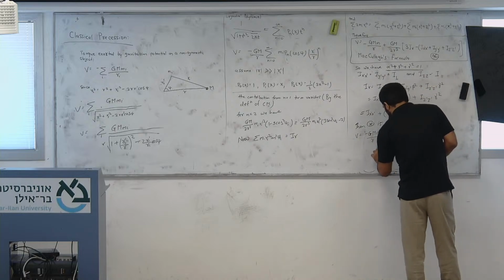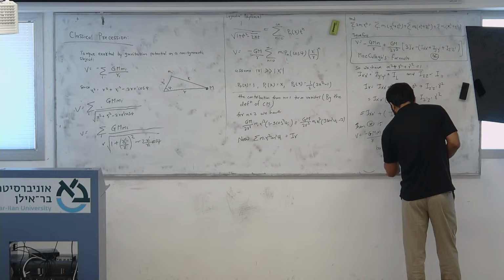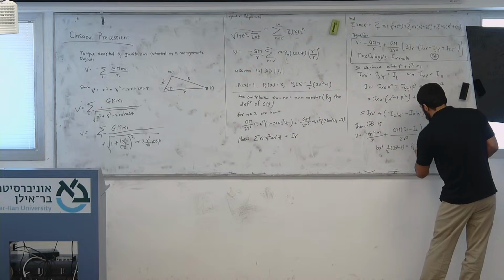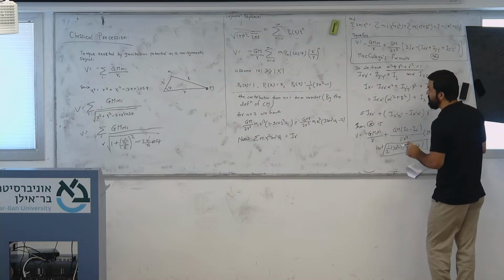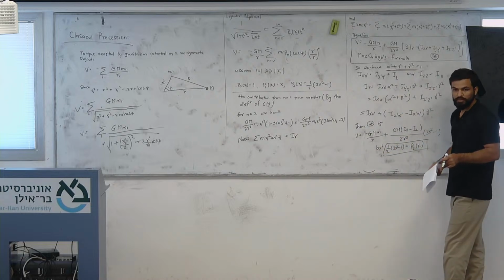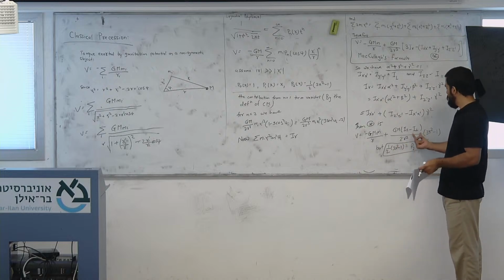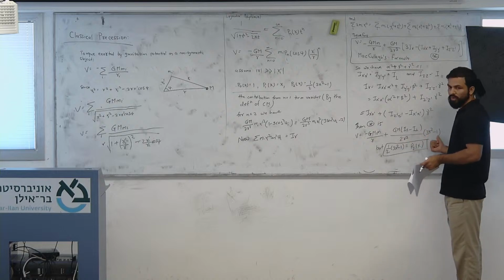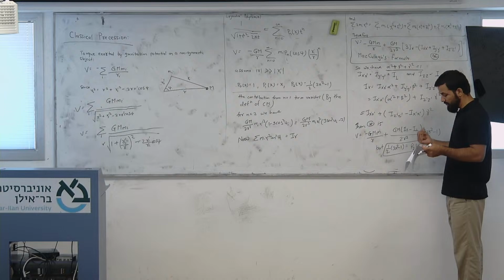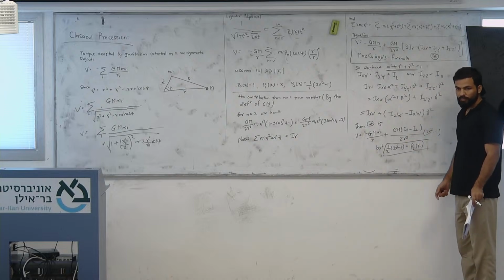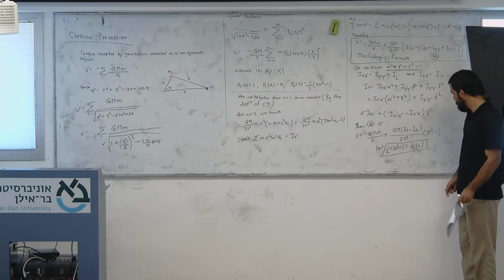But 1 by 2 times 3x square minus 1 is P2 of x. If you remember, I think it's already written there. Why did I write it again? Okay. So what I'm going to do is, instead of writing this term, I can remove 1 over 2 times 3 gamma square minus 1, and I can write it as a P2 of gamma. You have R and gamma and it's almost the same.